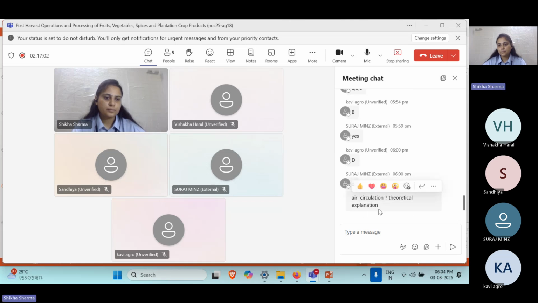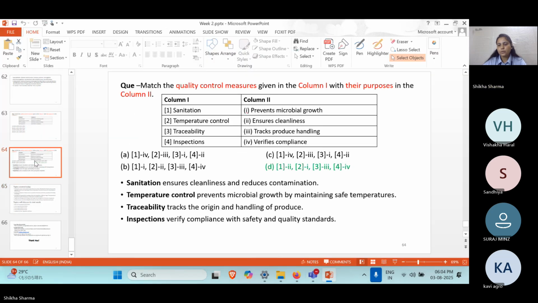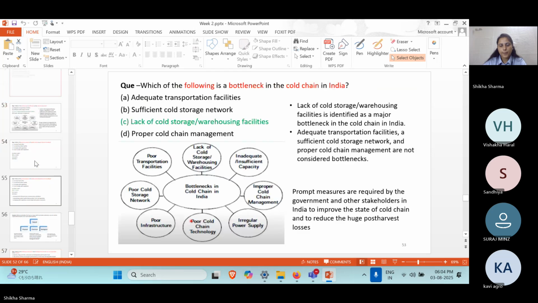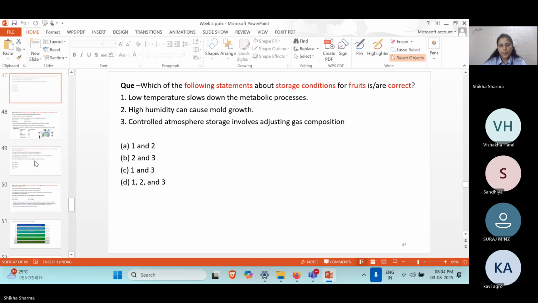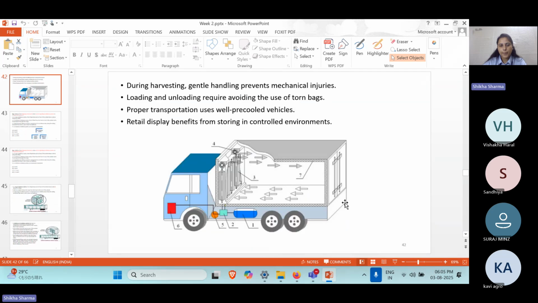Air circulation theoretical explanation. So air circulation means how the air is circulated. This is the theoretical explanation, right? So what is happening? This is a refrigerated vehicle. First there is a liquid nitrogen tank, and a heat exchanger is connected to it. The heat exchanger will be in the wall, and from this the cold air will be formed.